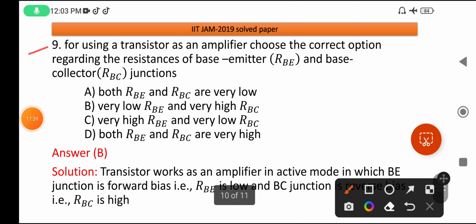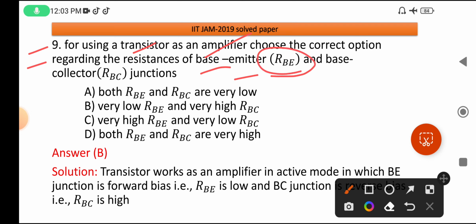Next, transistor as an amplifier, choose the correct option regarding the resistances of the base emitter, RBE, and base collector, RBC, junctions.